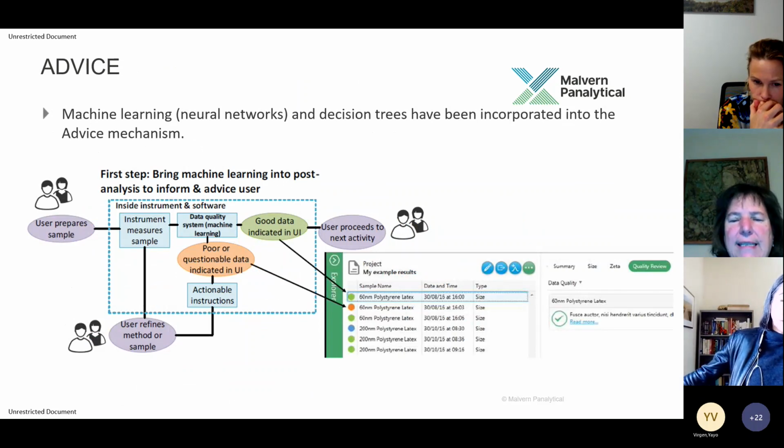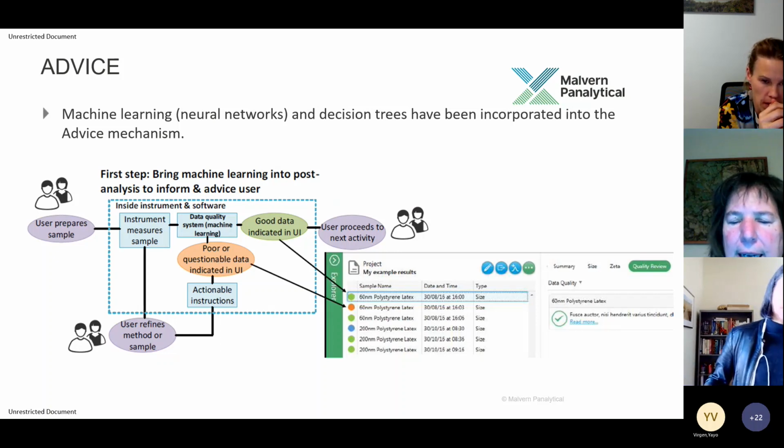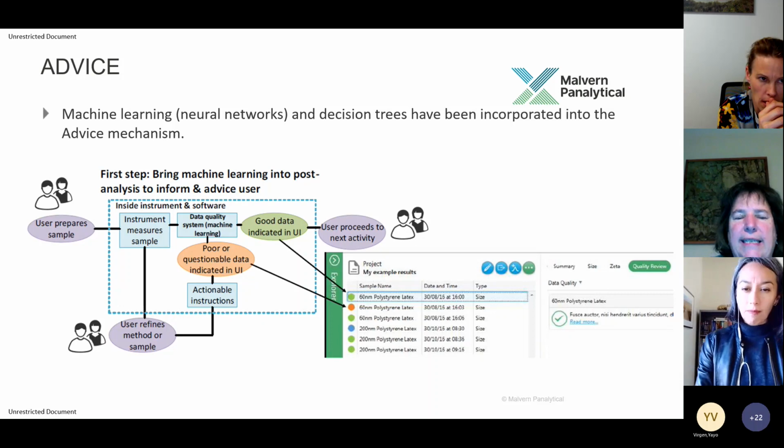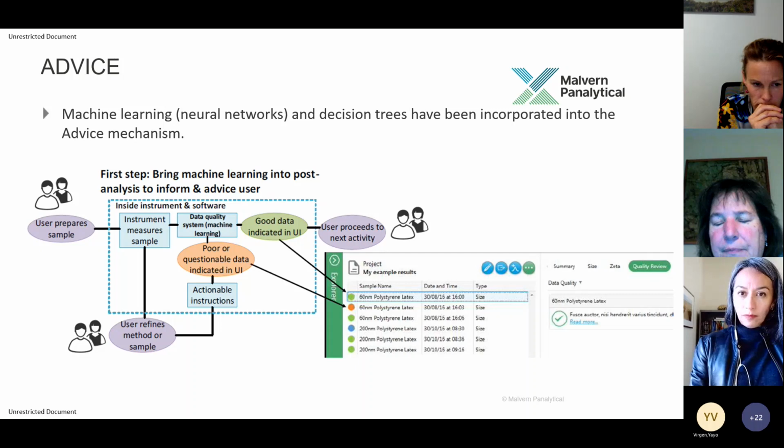Then it goes through a decision tree and incorporates really good advice about what you should do with your sample, whether it's good or bad. It also identifies the good data. It's called steady state. The noisier, poor data is identified as transient.